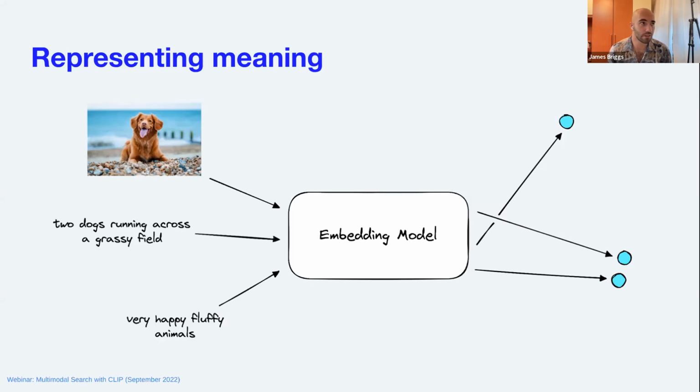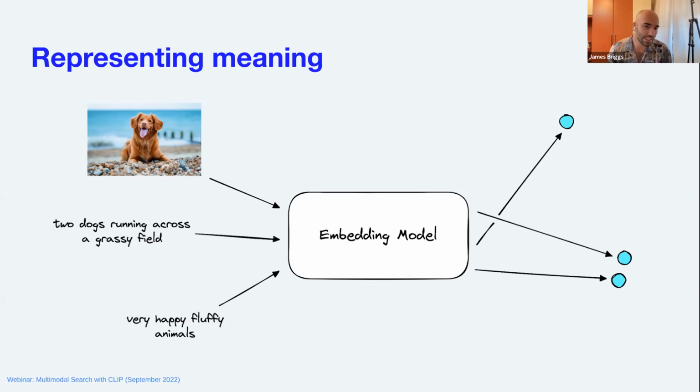These are vector representations where images and text that are conceptually similar will be placed within a similar vector space, so the similarity between those vectors will be much higher, whereas the similarity between very different images and text will be much less.